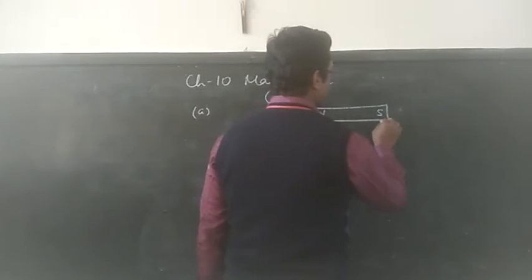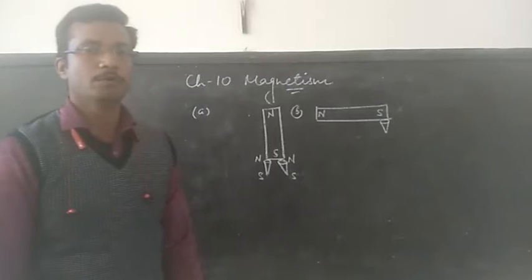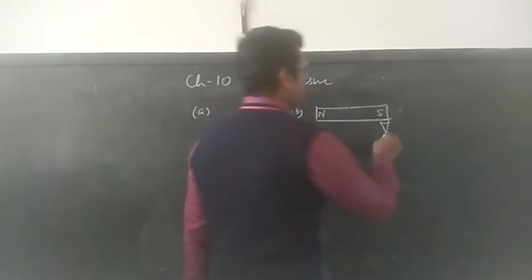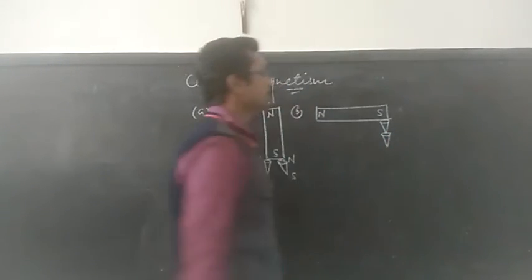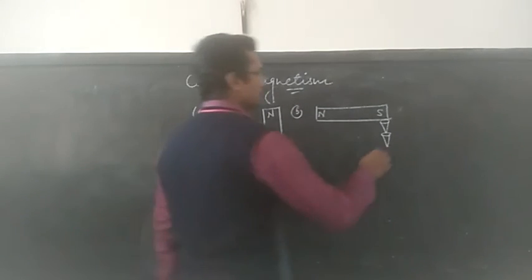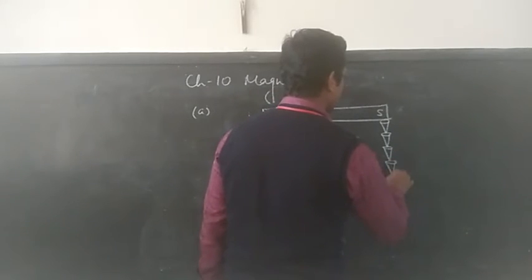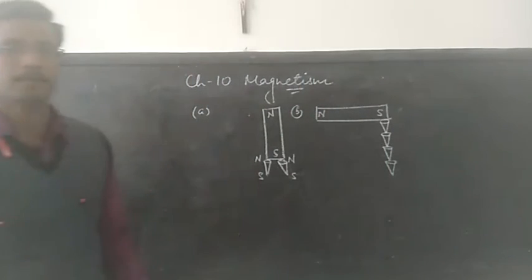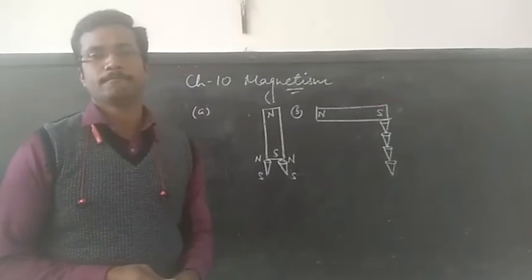For example, if this is the pin getting attracted to the south pole, then we can also have some more pins cling below the previous pin. So these are the different pins you can find, and they can easily cling below one another. Now what is the reason?